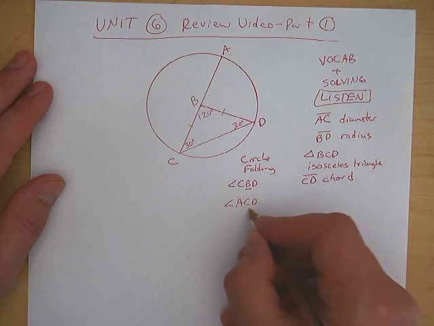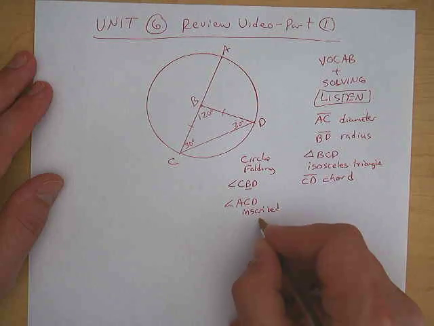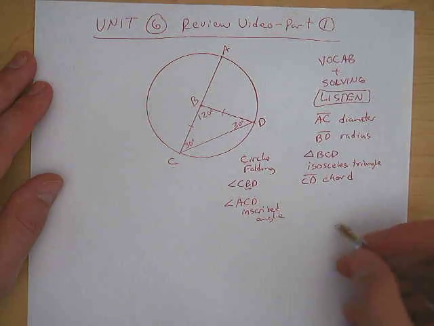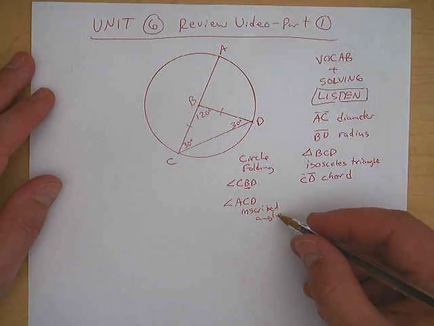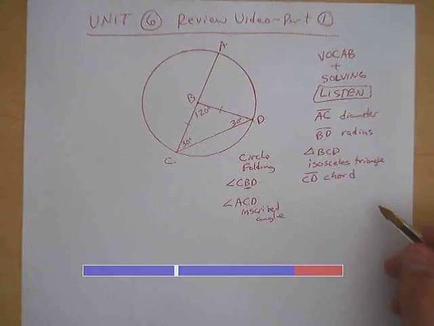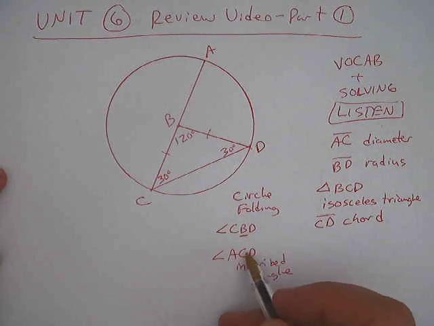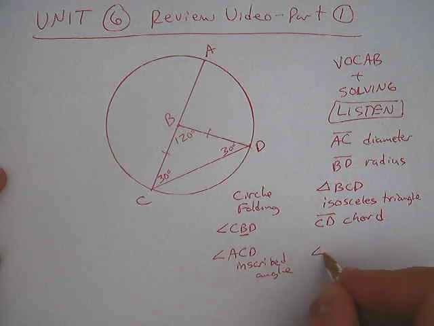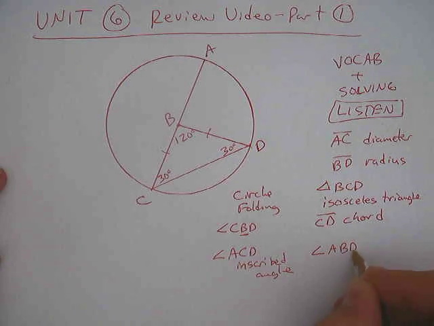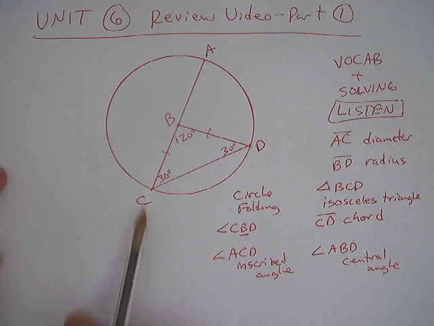Now angle ACD is an inscribed angle. It's an inscribed angle because its vertex is on the circle right here. Let's zoom up a little bit more. Maybe that'll help. ACD is an inscribed angle. Angle ABD is a central angle.